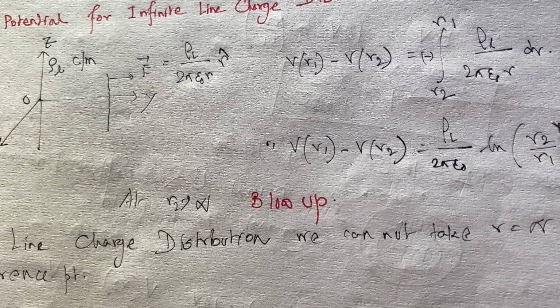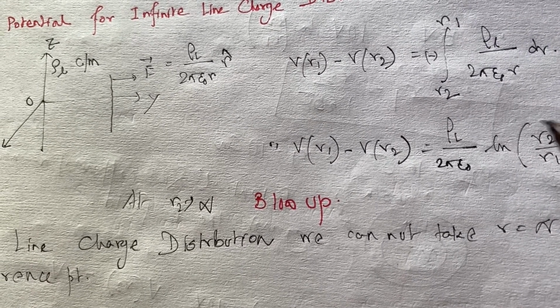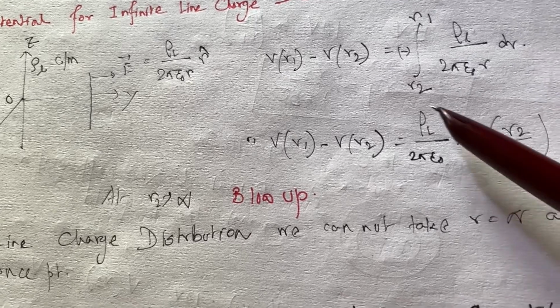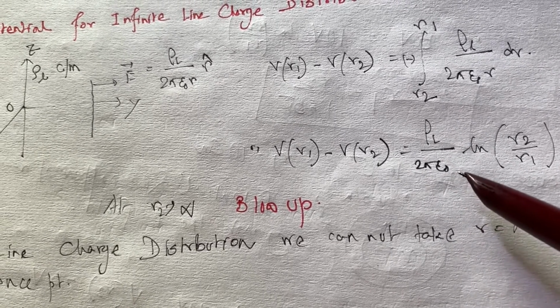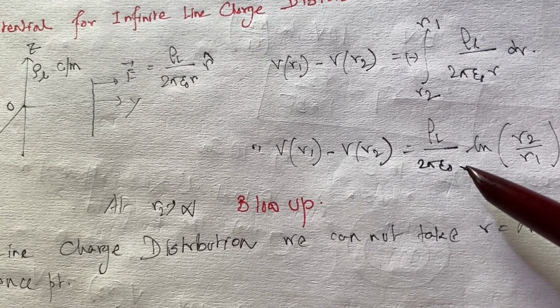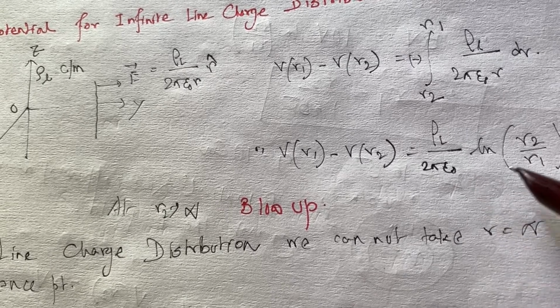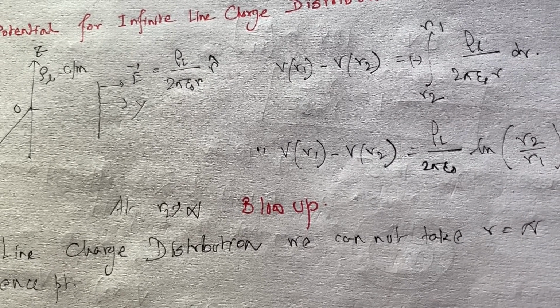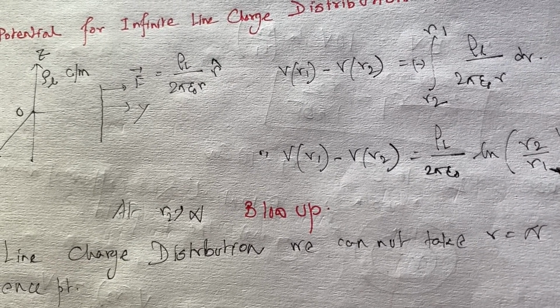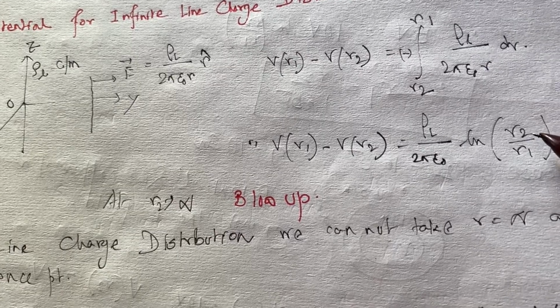On the right hand side, this quantity is dimensionless, so rho L by twice pi epsilon 0 will basically turn out to be the potential difference between these 2 points situated at R1 and at reference point R2.